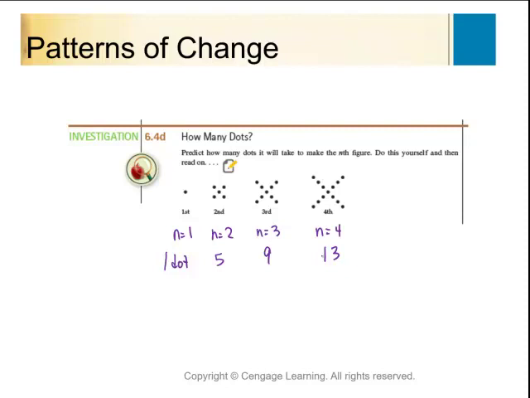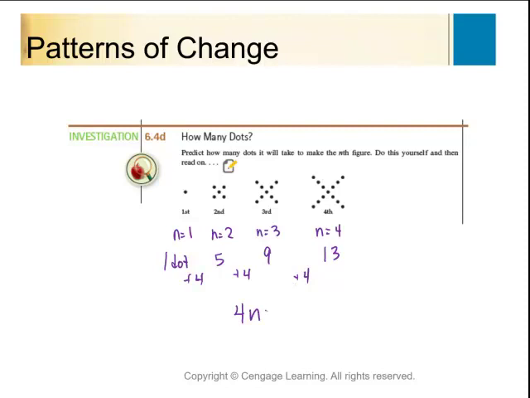Notice that every time it's add a 4. We describe this as an arithmetic sequence, and if I would like to know how to get that general formula, what's the nth one, I know it's going to be 4 times some n.